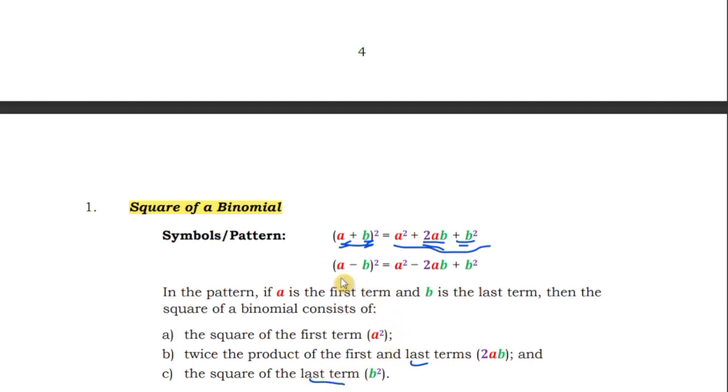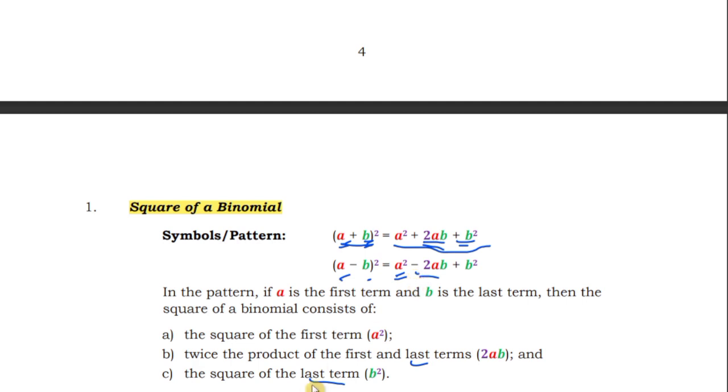Okay, here we have another pattern, and it says quantity a minus b quantity squared is just the same as a squared minus 2ab plus b squared. So it means that we're going to square the first term, and then to get the second term, we get twice the product of the first and the second term, and we have here negative.